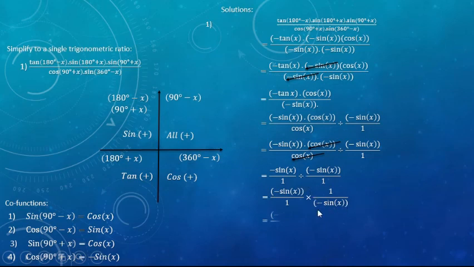And then we can see when we do that, these two are the same and they cancel out. We have negative sine x and negative sine x, they cancel out. And then we'll be left with 1 over 1 times 1 over 1, and 1 over 1 times 1 over 1 is the same thing as 1. So this trig expression simplifies into 1.